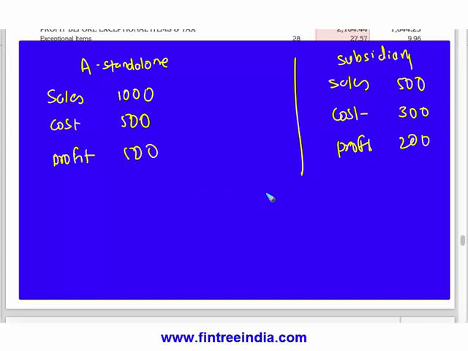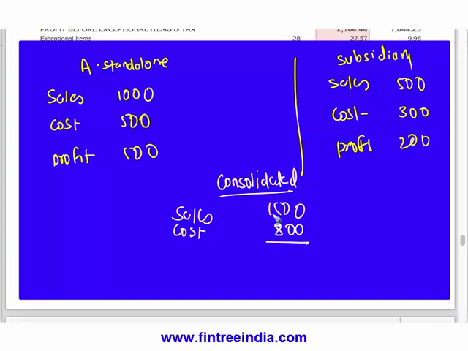Now when you prepare a consolidated income statement, you say consolidated sales is 1500, consolidated cost is 800. So that would give you profit before minority interest of 700. Let's say you have a stake of 70%.